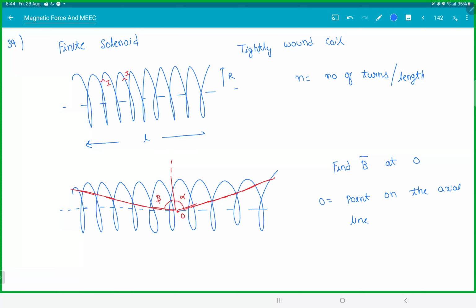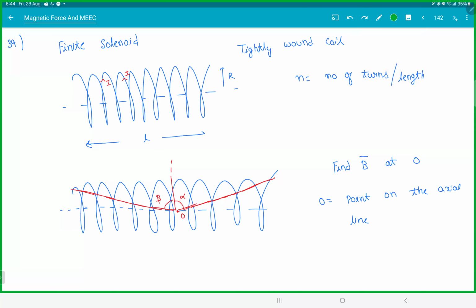I feel the only thing close to this is the field on the axial line. So can I treat it like this? At a distance x from here, I can take a coil and treat this point as a field on an axial line. And I'll find the magnetic field due to all these coils and then integrate them. That is the idea. Give it a try.